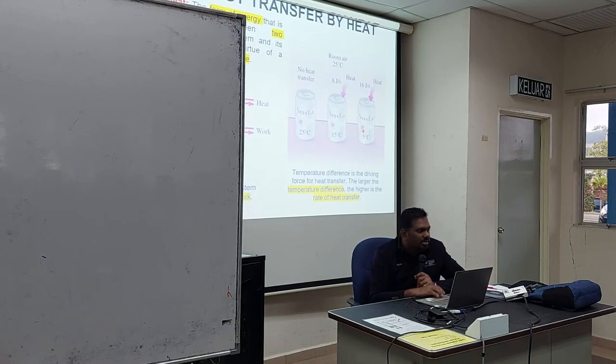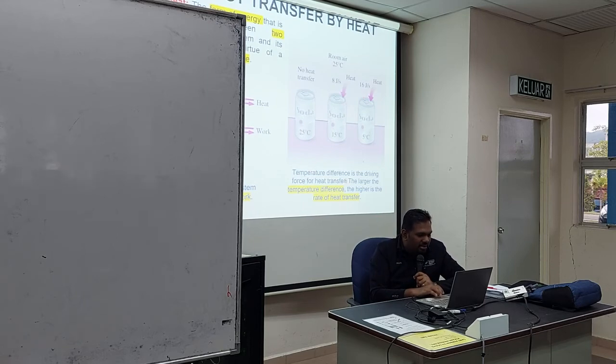Temperature difference, correct. So what will change? If you look here, heat is transferred at 8 joules per second, and here 16 joules per second. So the rate of heat transfer is different.